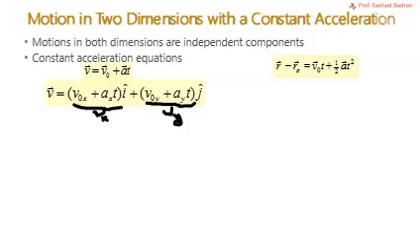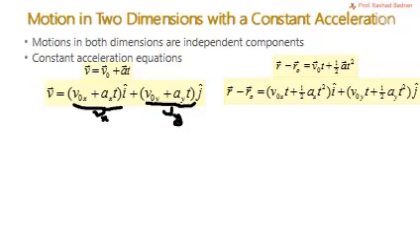Also, for delta r, for the displacement, we have the product of the initial velocity with time plus half the product of the acceleration as a vector multiplied by t square. This is also equivalent to this.